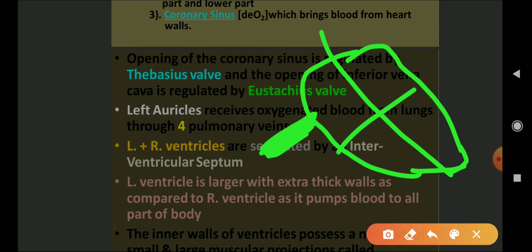So this one is the coronary sinus, this one is the superior vena cava, and this one is the inferior vena cava. The superior and inferior vena cava both unite together and open into the right auricle, and the coronary sinus also opens into the right auricle.